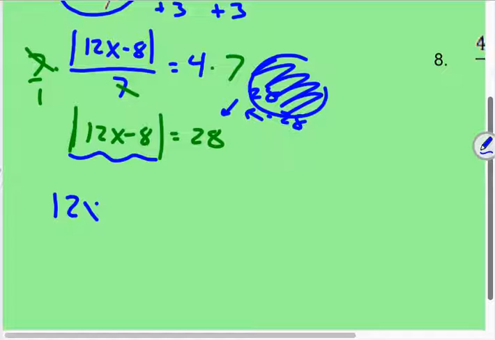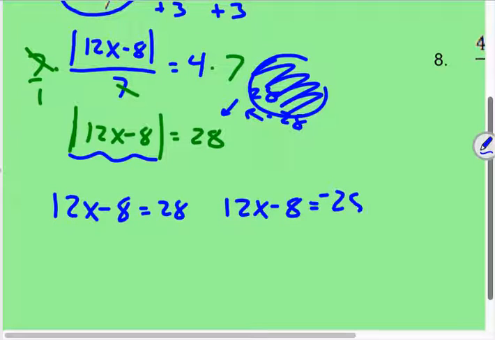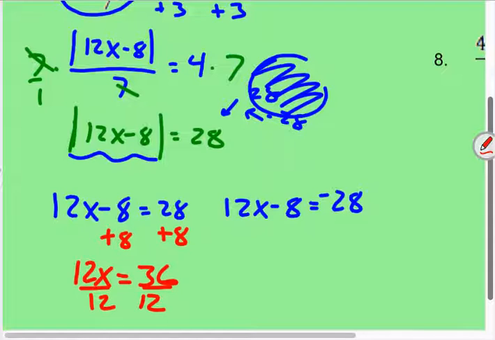So 12x minus 8 equals 28, and 12x minus 8 equals negative 28. Okay, adding 8 to both sides, I get 12x equals 36, divide by 12, x equals 3. There's one answer.